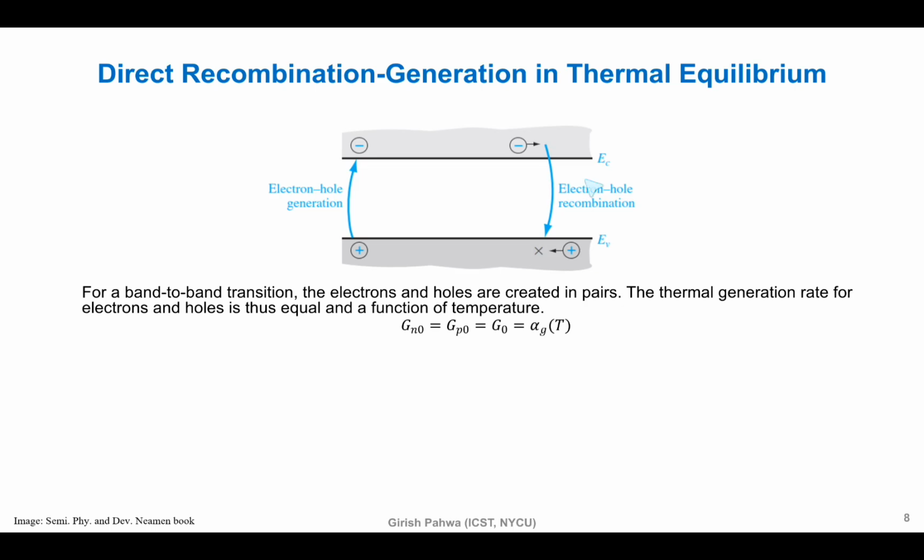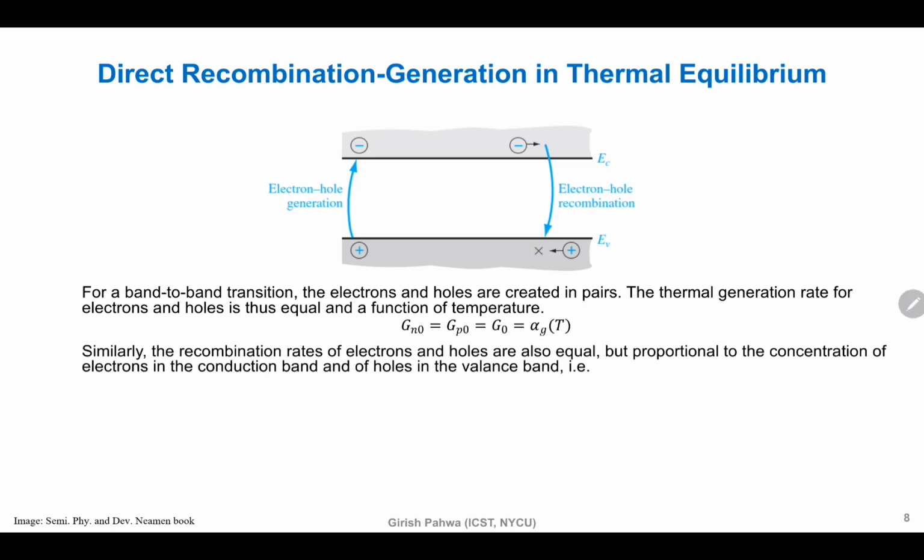Equilibrium means when there is no current. So Rn naught equals Rp naught equals alpha R, the constant of proportionality for recombination, times n naught times p naught. In general, we can assume that this is a function of temperature.